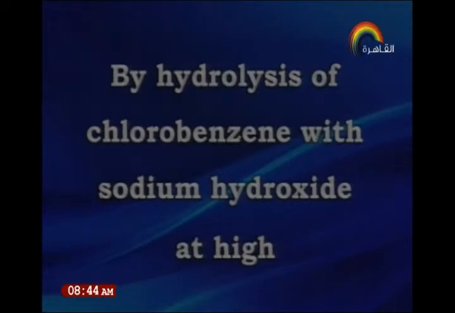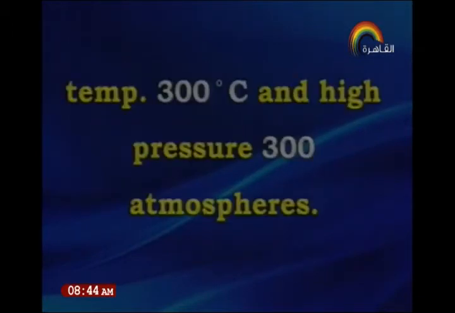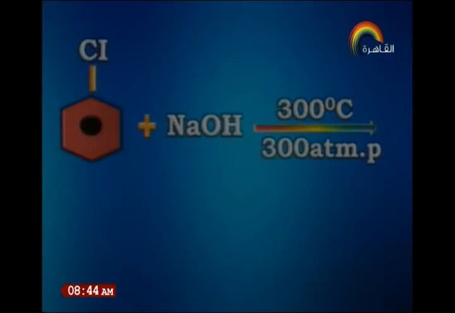With sodium hydroxide, at high temperature, 300 degrees Celsius, and high pressure, also 300 atmospheres. This is the condition. You have a benzene ring with Cl, plus NaOH in the presence of the condition.